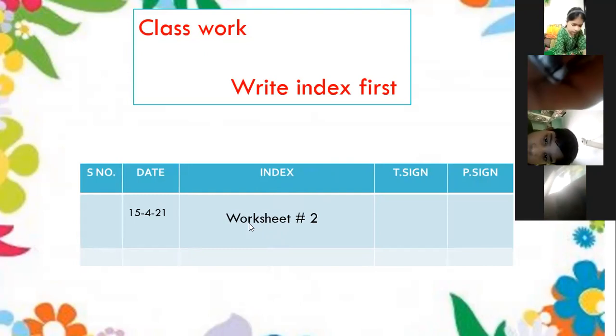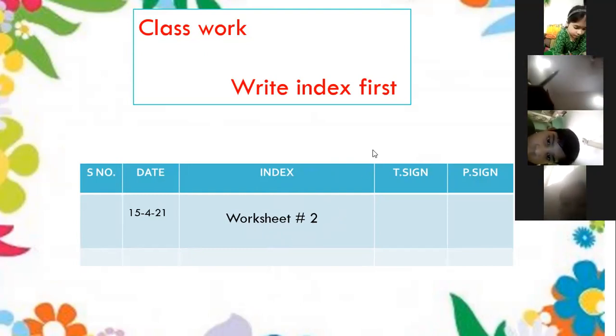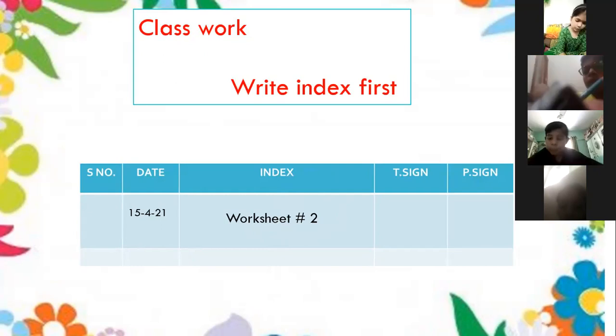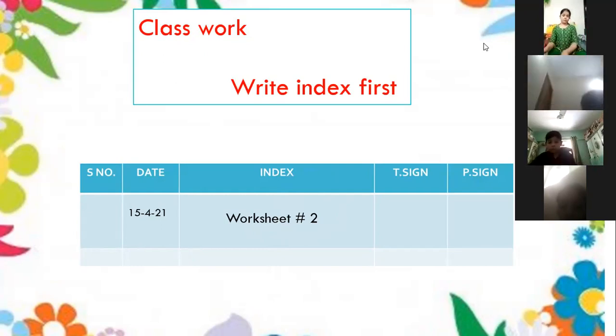Now in revision we will do worksheet number 2. Worksheet number 1 we have done today in the first lot. Now we will do worksheet number 2.